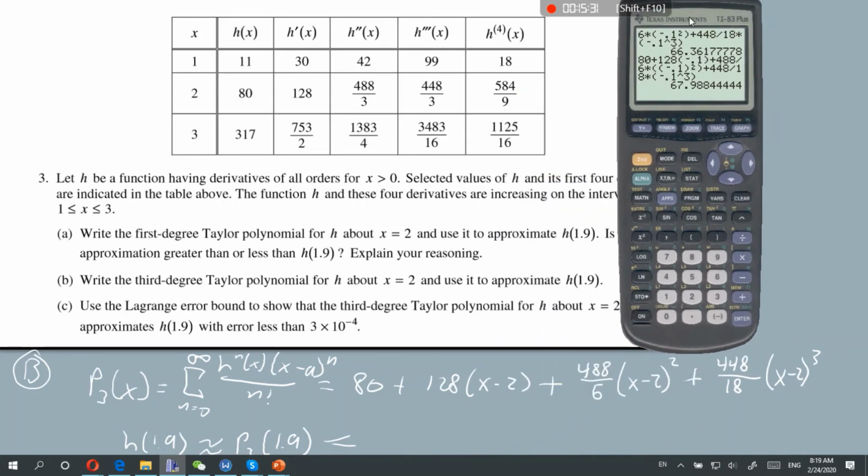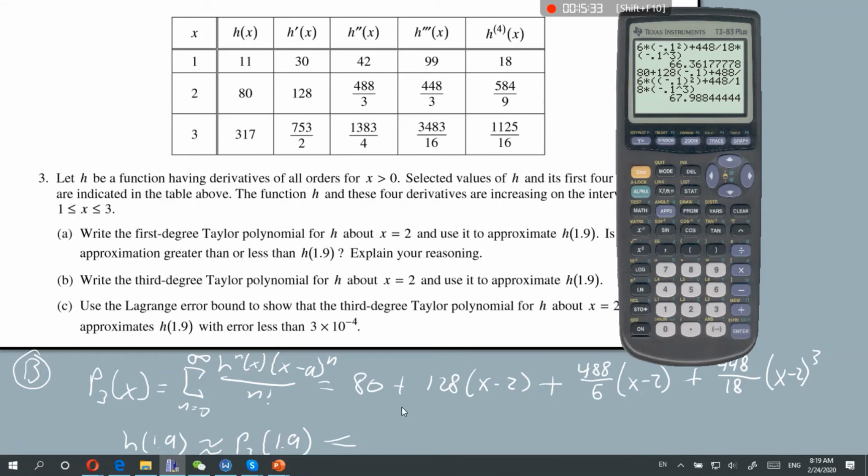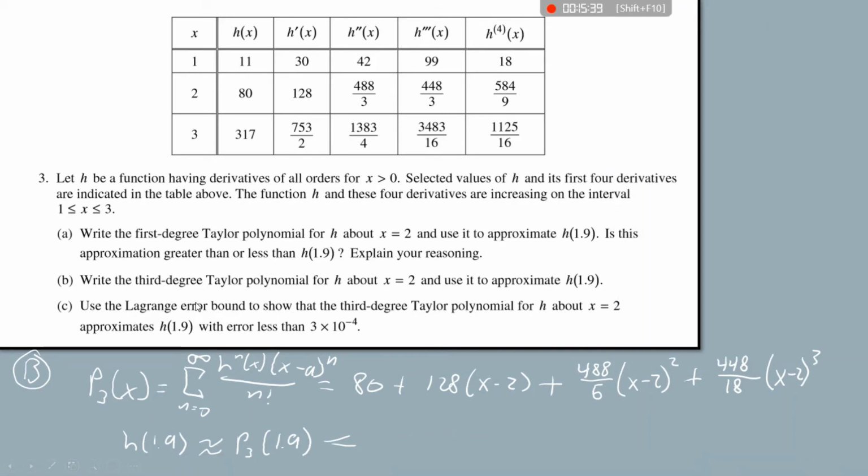Yeah, cool. Okay, thank you. Is that 67.988? Yes. Okay, and that does match what I got last time, so that looks good. Yay.